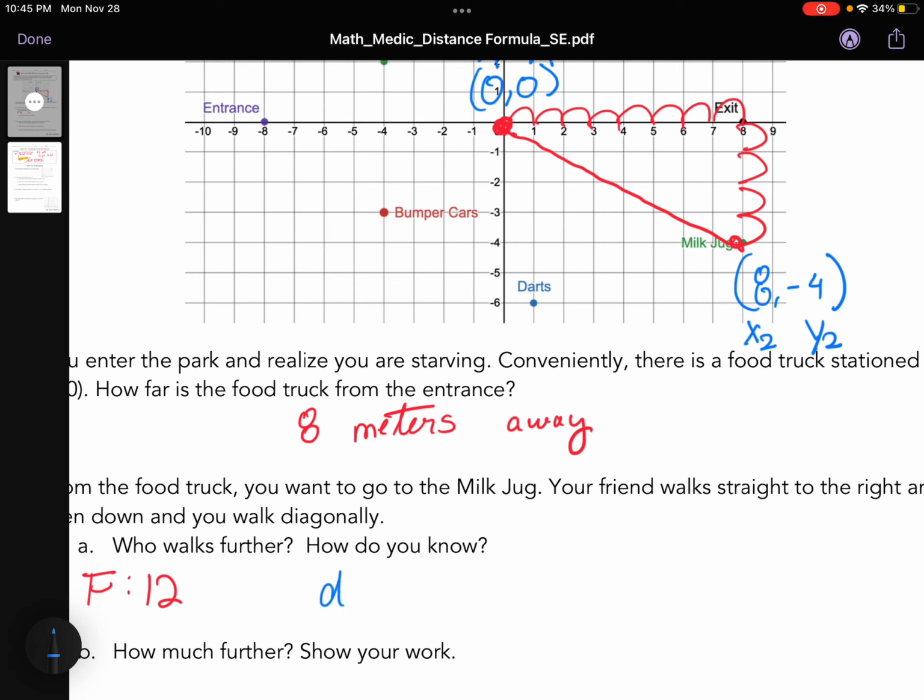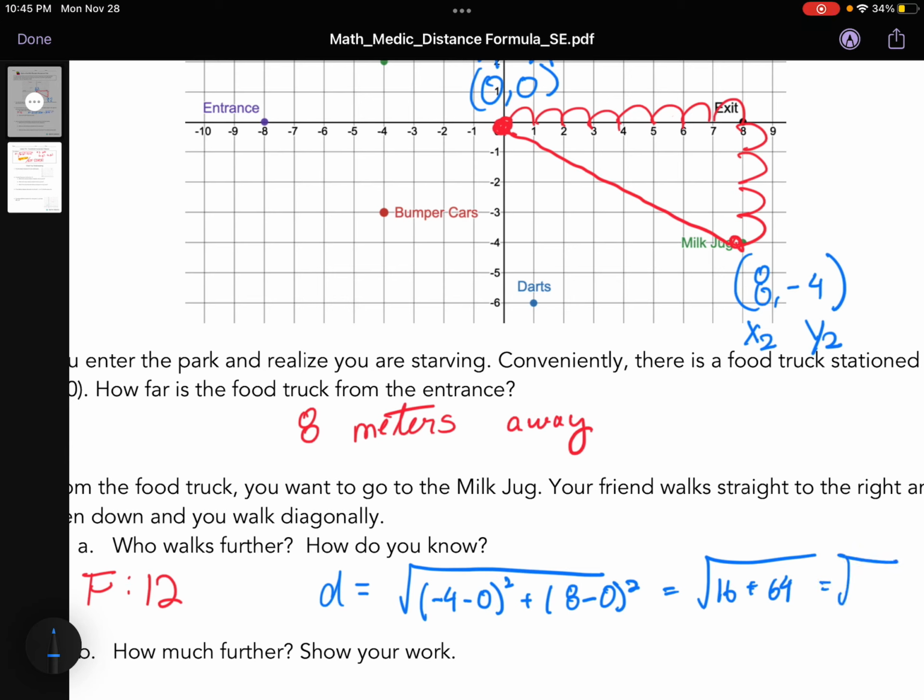will be distance is equal to the square root of negative 4 minus 0 squared plus 8 minus 0 squared. We are left with 16 plus 64, which will give you square root of 80.